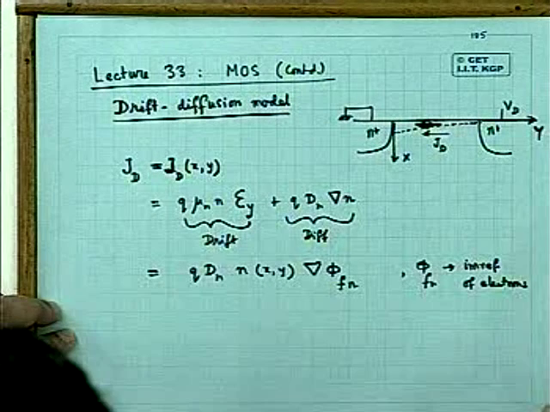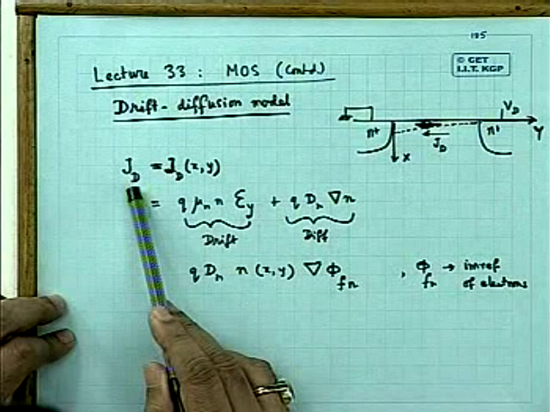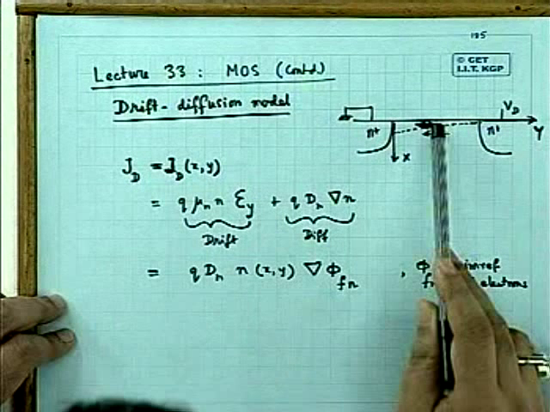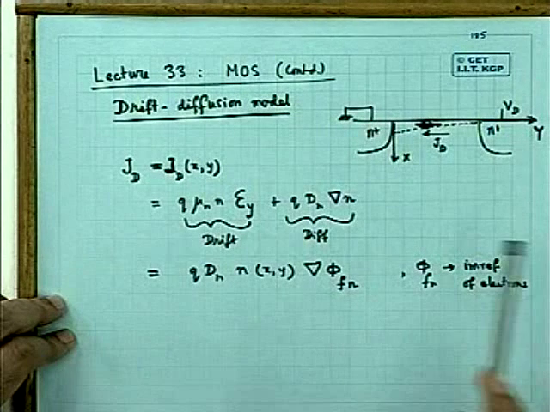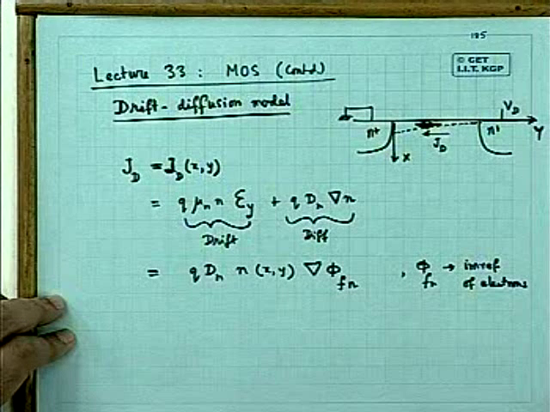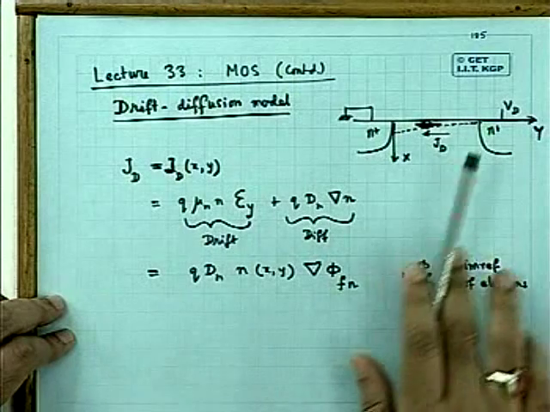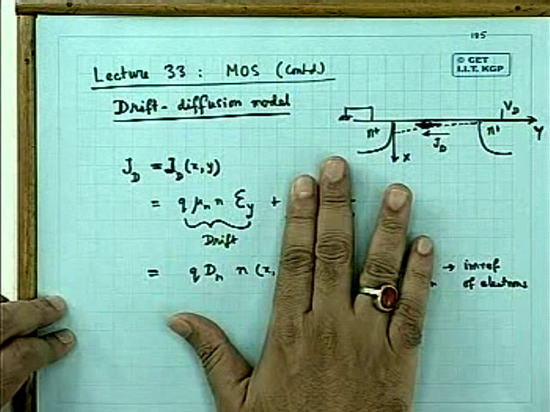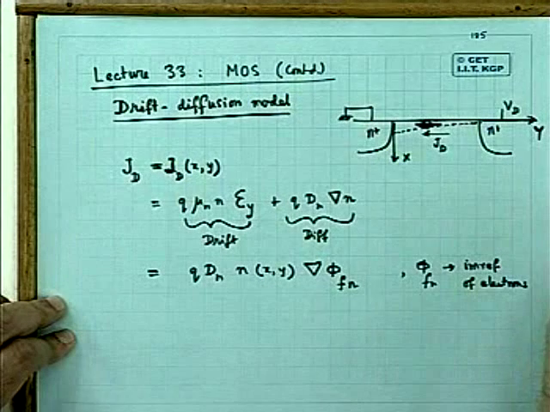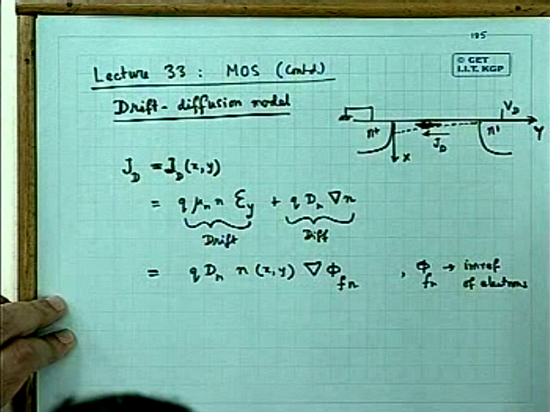And in this particular lecture, I indicated that the drain current density has two parts. One is a drift component, the other is a diffusion component. This second component was not considered earlier than lecture number 33. Here we gave certain indications.